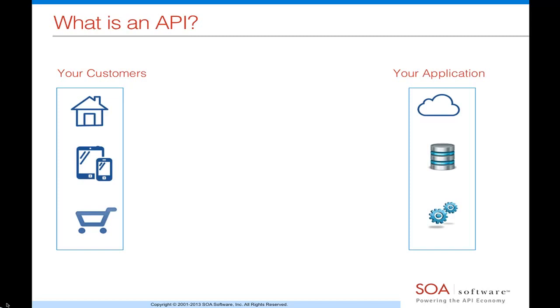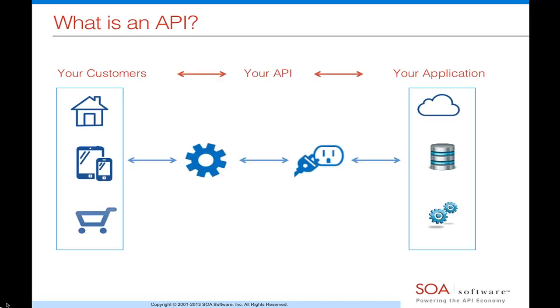Obviously from desktops and web browsers, but more and more through mobile phones, the Internet of Things, connected devices, cars, homes, or e-commerce sites. So how do you, as an enterprise, make your applications and services available in a programmatic fashion to these devices and finally to your customer?